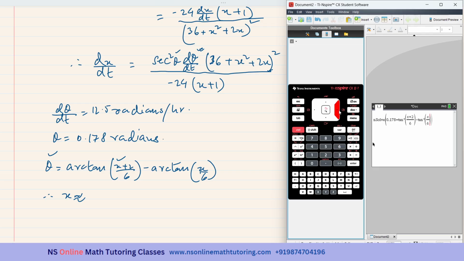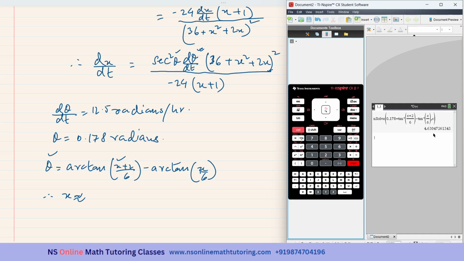And I come out of this and then it will be the comma and then x. I do not know whether it will be having any negative value or not. Let me first of all press enter. Let me see what value of x does this give.